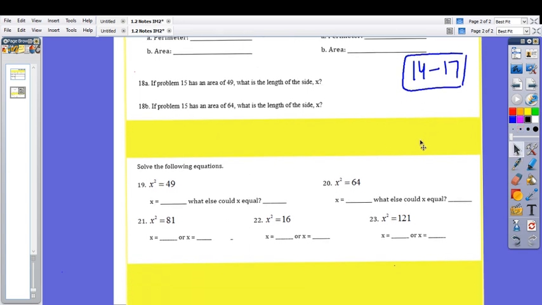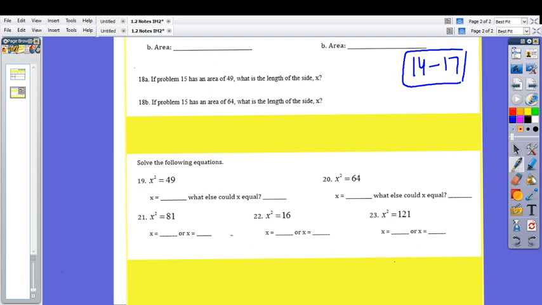Let me show you how you do 19. So when you have x squared equals 49 and you're solving the equation, you need to find out what is the value of x, but x is squared right now. The opposite of squared is square root, so you will take the square root of both sides. So the square root of 49 is 7, but it will be positive and negative 7.